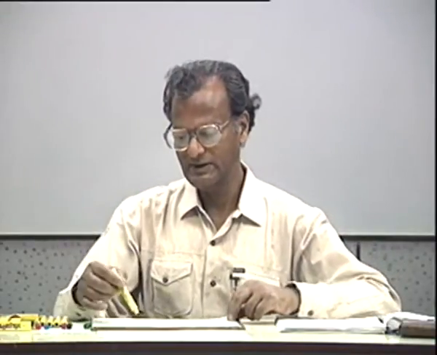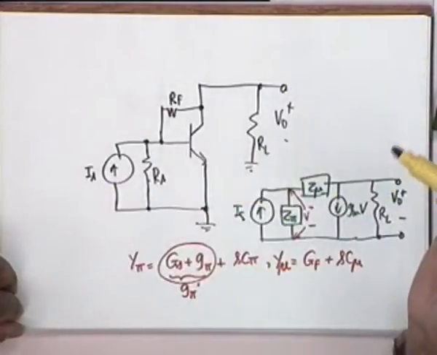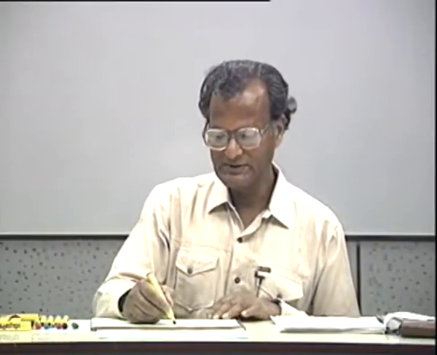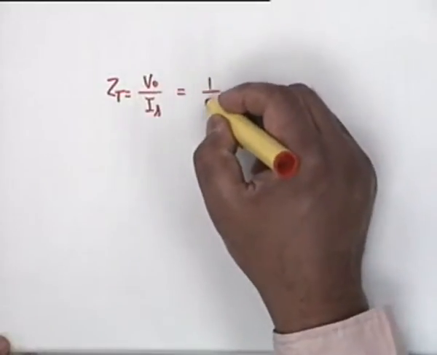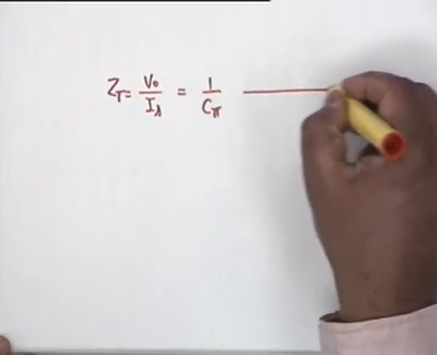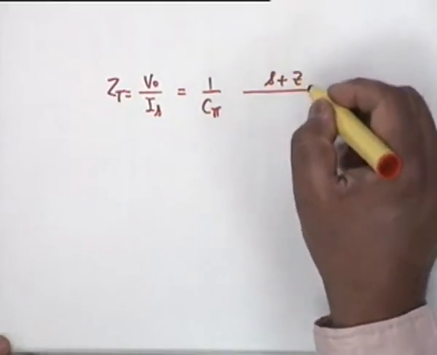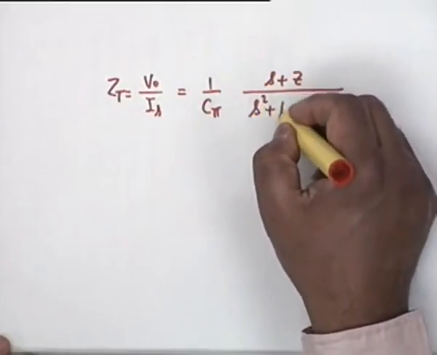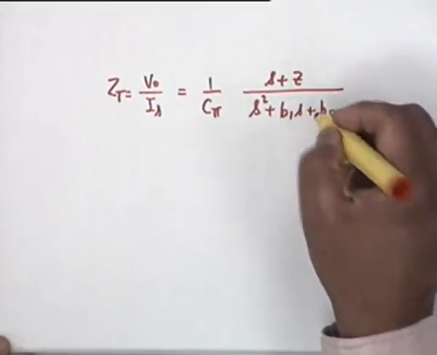The transfer function here is V0 over I sub S. We call that the dimension obviously is that of impedance, and therefore we call it Z subscript capital T for transfer. That is the transfer impedance ZT equals V0 by Is, and we derived this to be of the form 1 over C pi S plus Z divided by S squared plus B1 S plus B0.